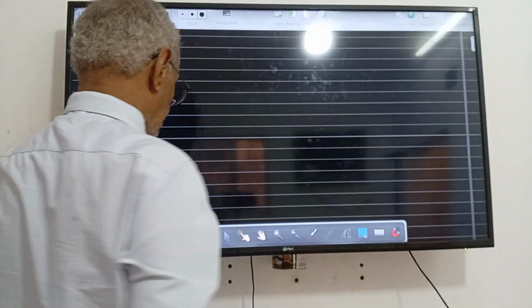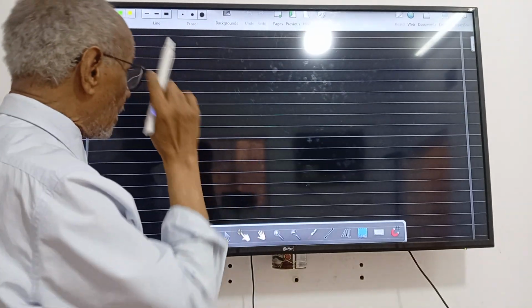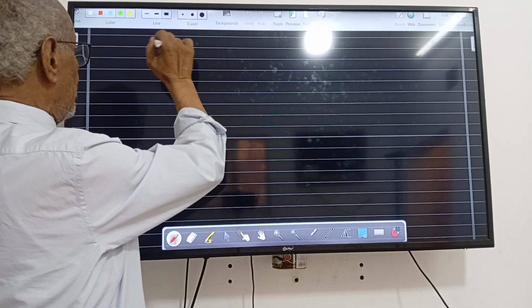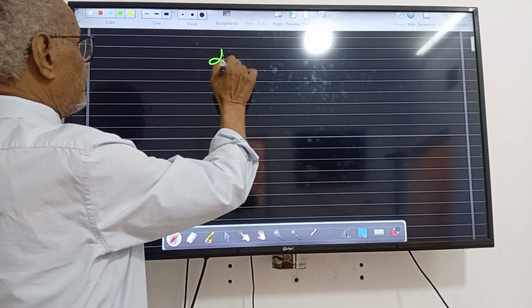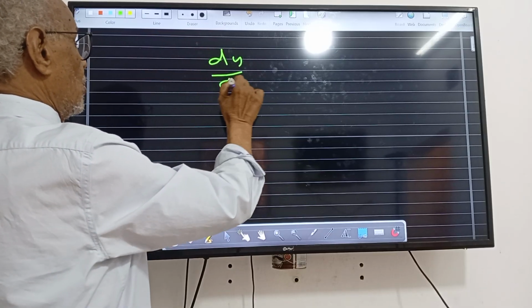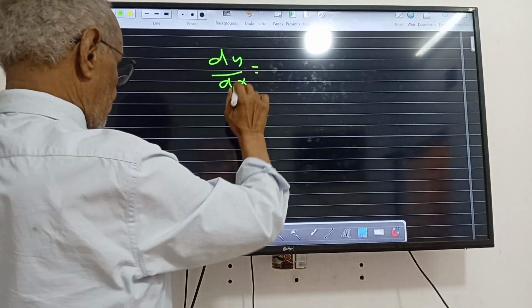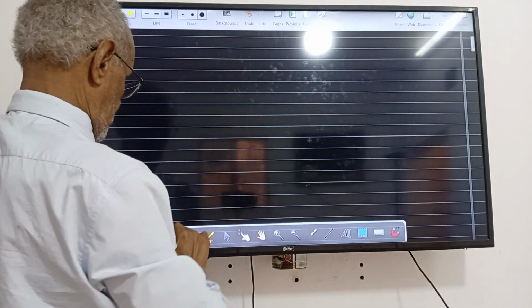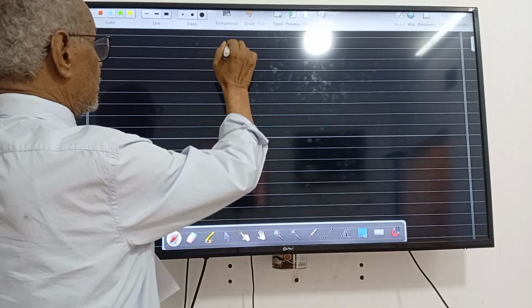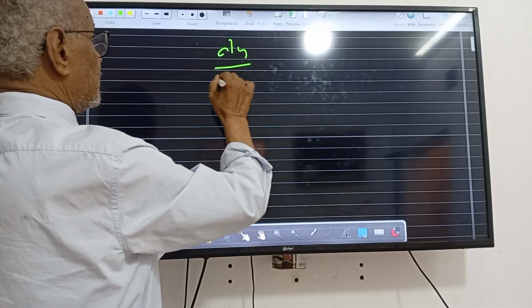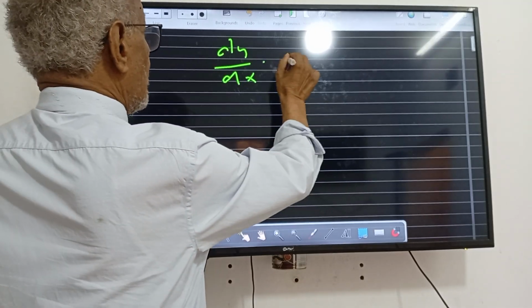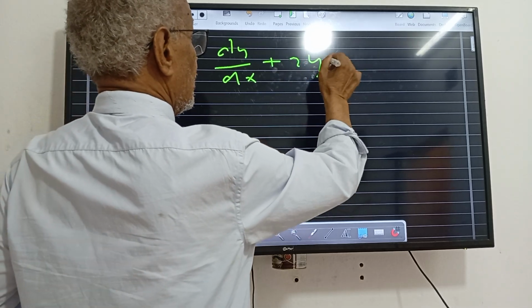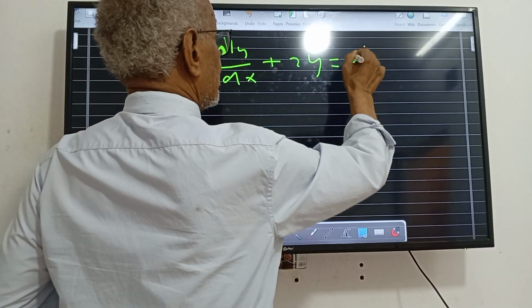Let us take examples to explain this. For example, first example, if we have dy over dx plus 2y equal e to the power x.